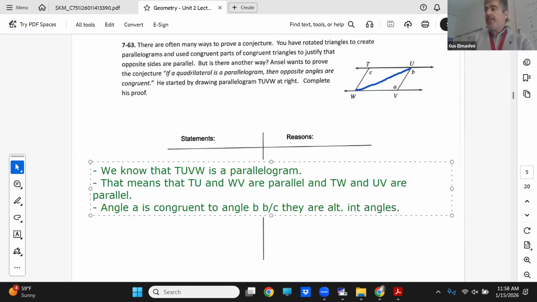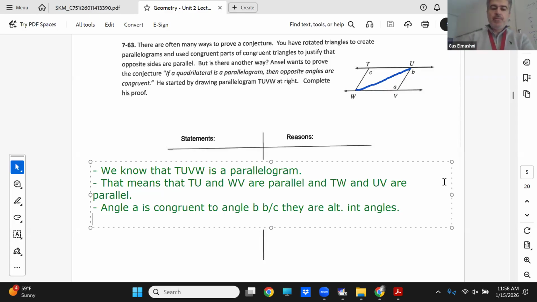You could add that to your proof. It's called an auxiliary line, but if you just draw it, it's good enough for me, just so you can help make the statements. Do we need it? 100% we need it. You're allowed to just add it. Here's the other thing.